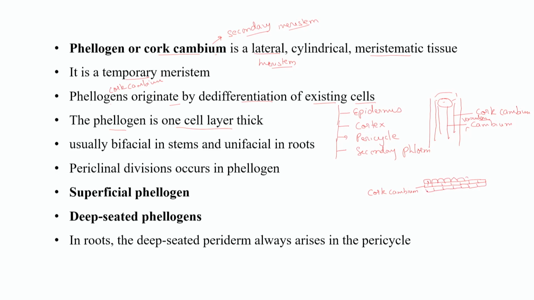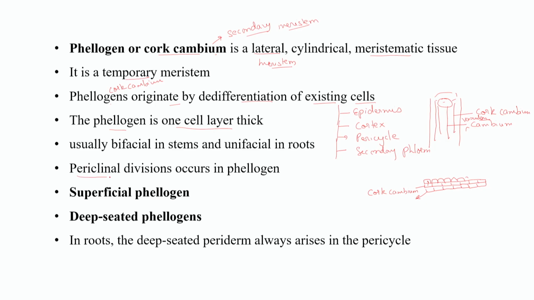So in this case also multiple layers of cork will be produced. One cell will divide into two, one will form cork and the other will remain meristematic, again it will divide, one will form the secondary cortex or phelloderm, and the other one will remain meristematic, and the division will be periclinal.